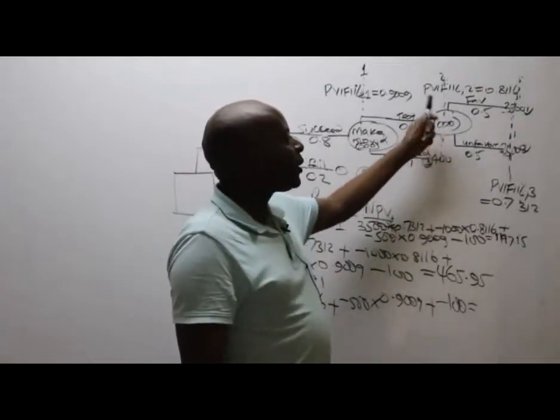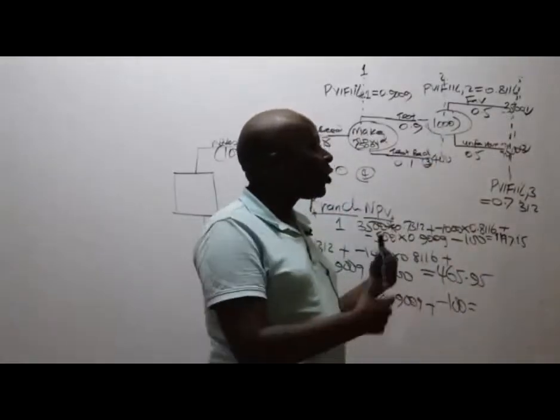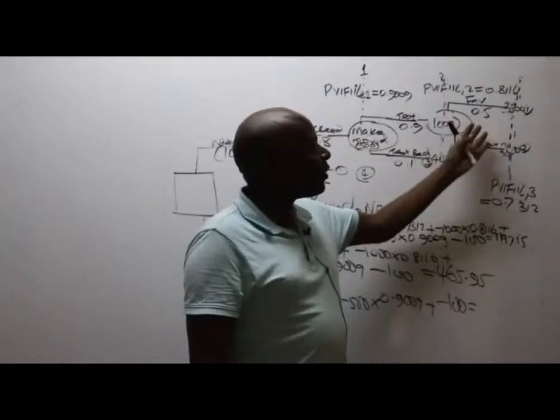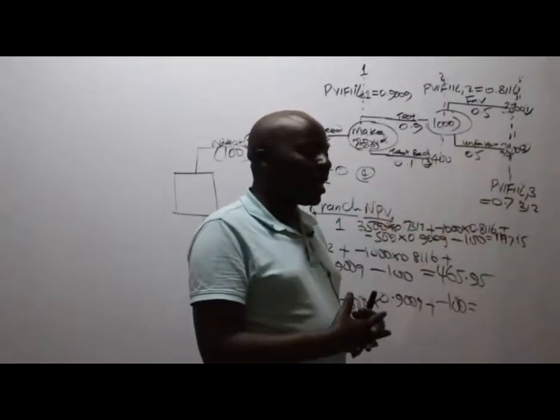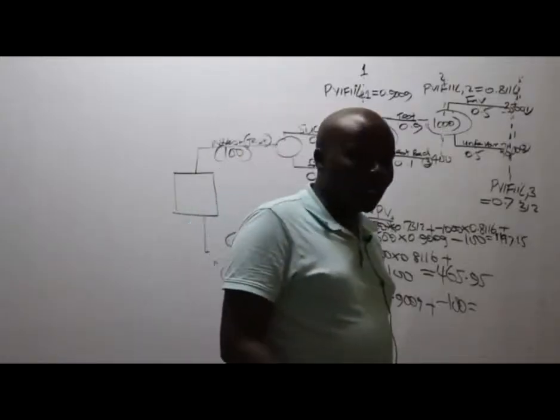The same case with this. If we go into full-scale production and the economy favors us, we're going to get 3,500. If the economy doesn't favor us, we're going to get 2,500. The probability of a favorable economy has been given as 0.5. They're equally likely.